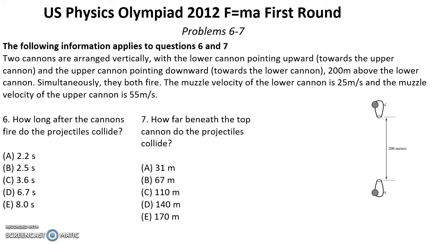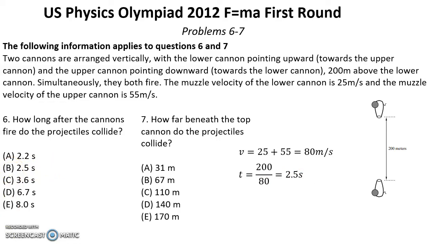That will be 25 plus 55 meters per second, which is 80 meters per second. To find the total time, we need to divide the full distance by this relative velocity. That will be 200 over 80, which is 2.5 seconds. That's answer B, the correct one.